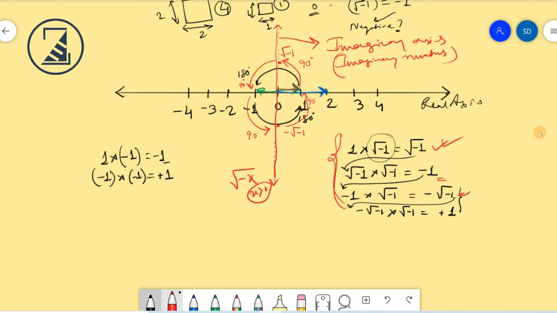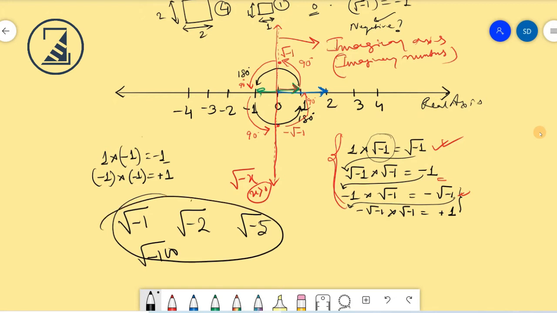So my imaginary numbers will look like this. Square root of minus 1 is an imaginary number, square root of minus 2 is an imaginary number, and square root of minus 5, square root of minus 100 and so on. These are all imaginary numbers and they lie on this imaginary axis, and this imaginary axis is perpendicular to the real axis. So these imaginary numbers are perpendicular to real numbers.